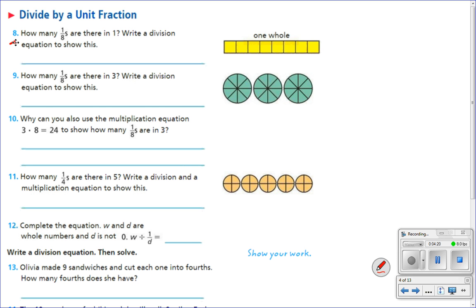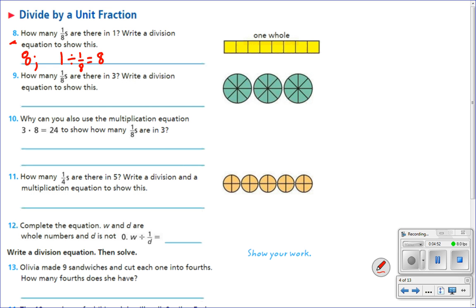So here's a whole. How many 8ths, 1/8, are there in 1? This is an easy one, guys. How many 1/8 are in a whole? Yes, I hear you saying it. So if I were to write a division problem, your answer would be 8. You are 100% correct. But to show a division problem, it would be 1 divided by 1/8 equals 8.